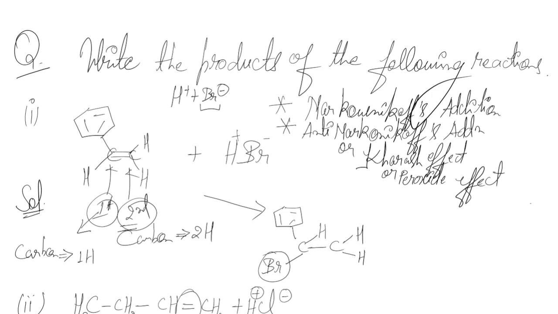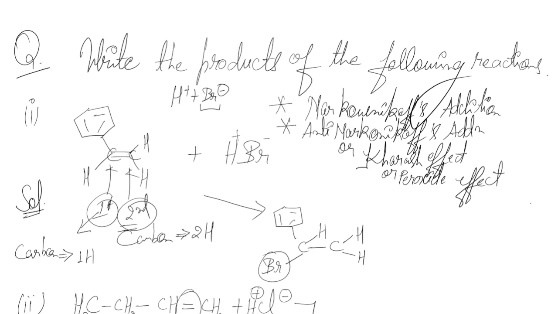So you can expect CH2, then CH with the Cl negative at this point, and this will be your CH3. That's how you will find the product of this reaction.